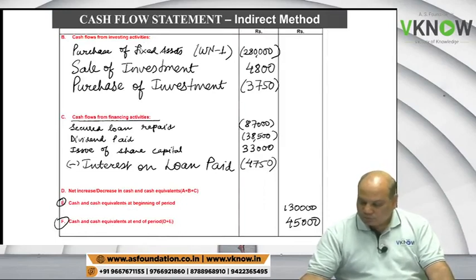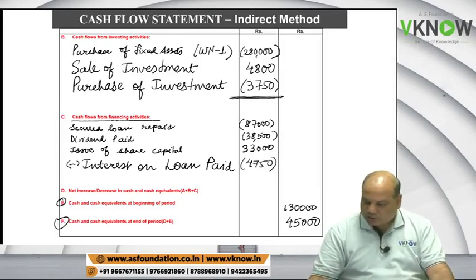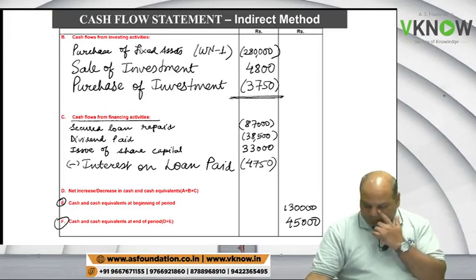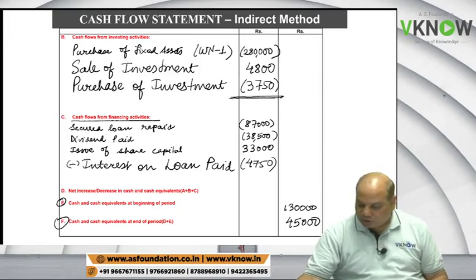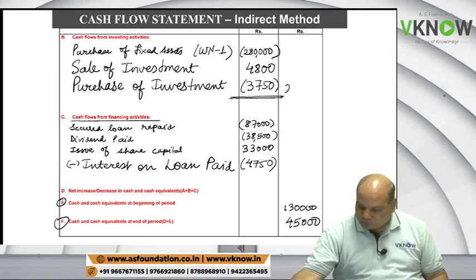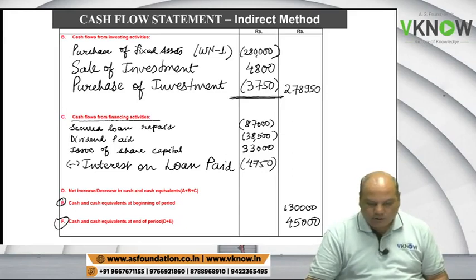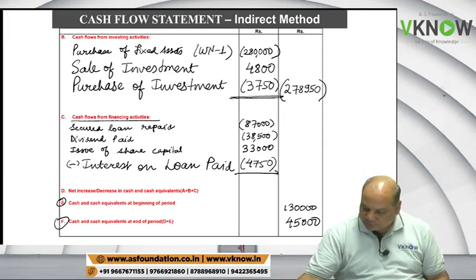Come to investing activity. Only three items are there. So tell me the answer now. 278,950, negative. Tanya is right.